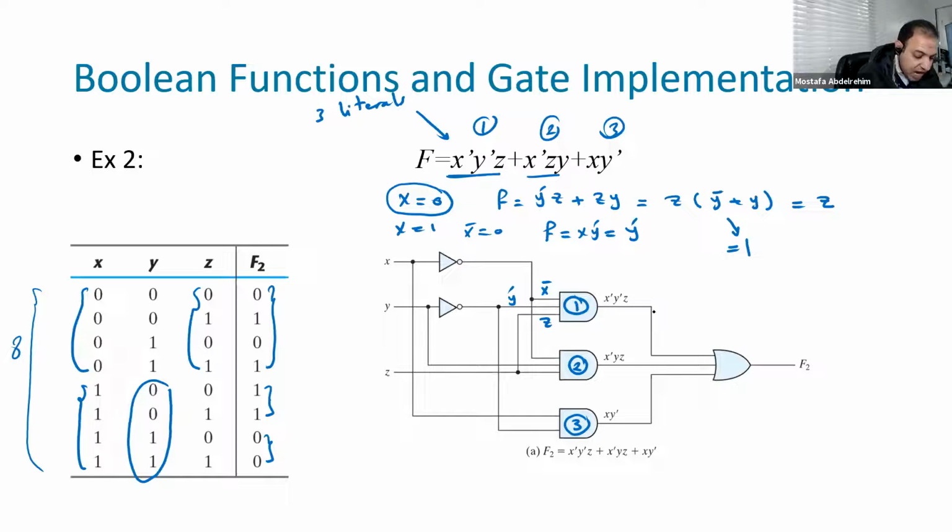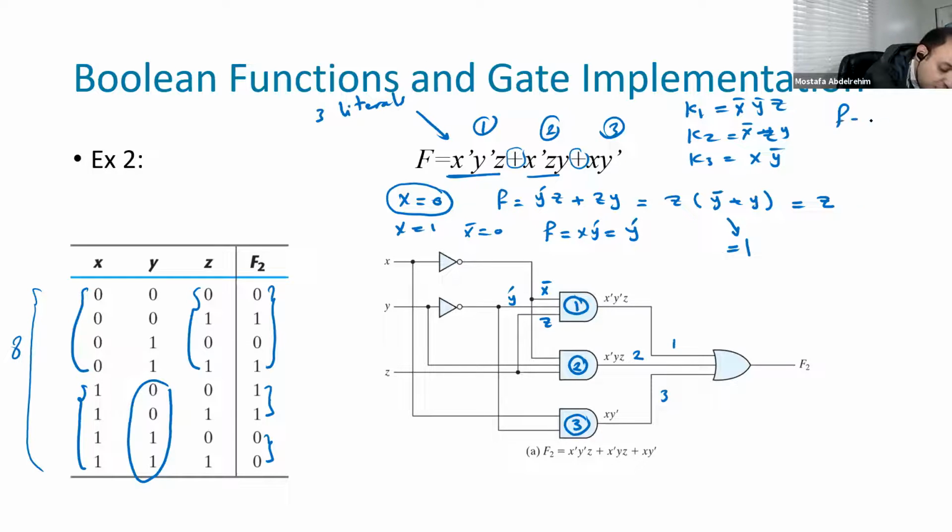Then we need to add all these terms together. So the output of the first, second, and third are all ORed using this OR gate. So don't say that we have an OR gate here and another OR gate there. No. You can consider it as follows. Let's say the first term is called K1 equal to x bar y bar z, the second term is K2, x bar z y, and the third term, K3, is equal to x y bar.